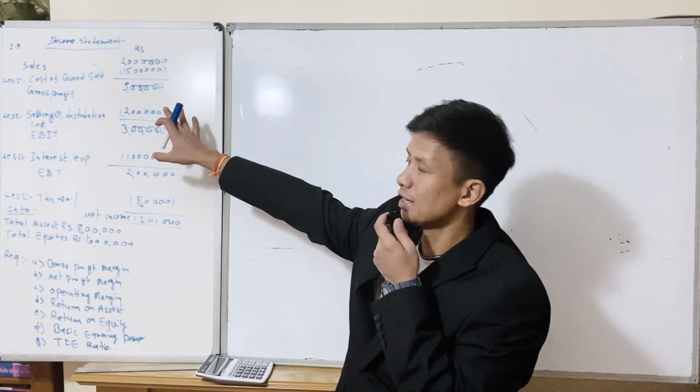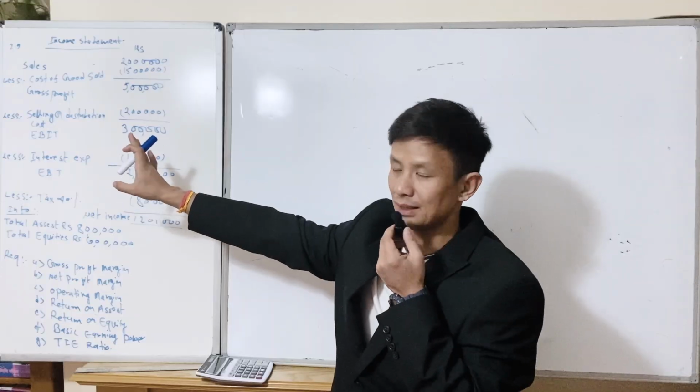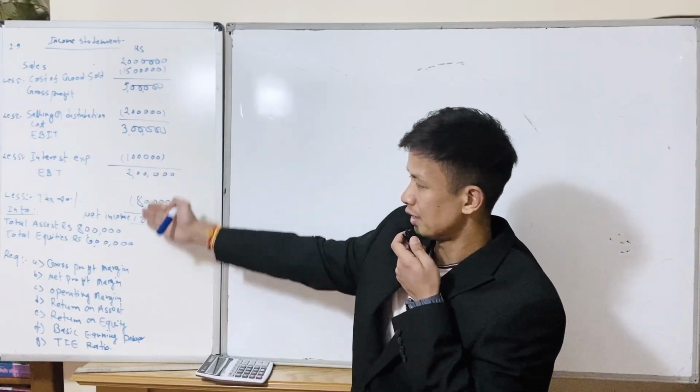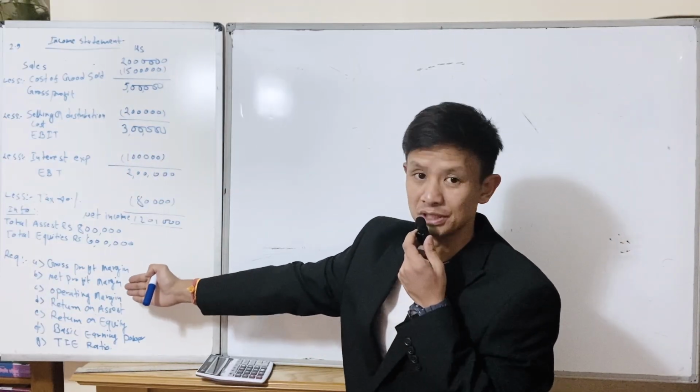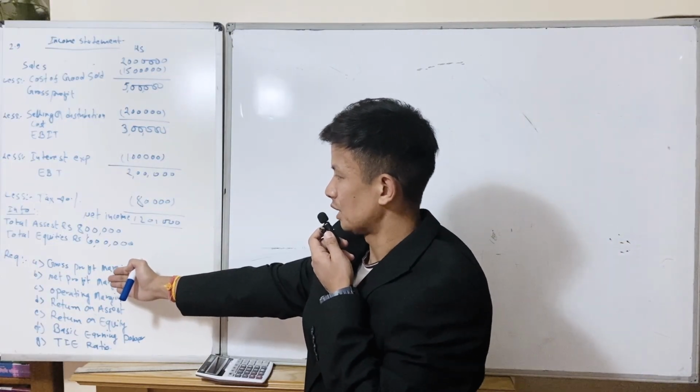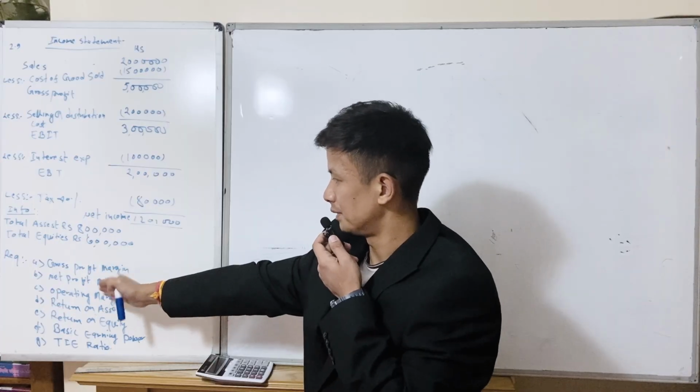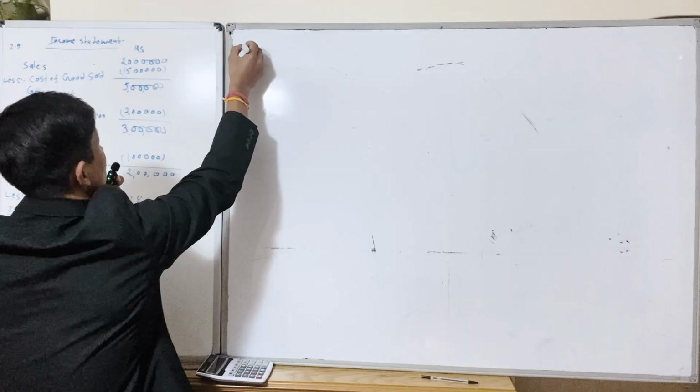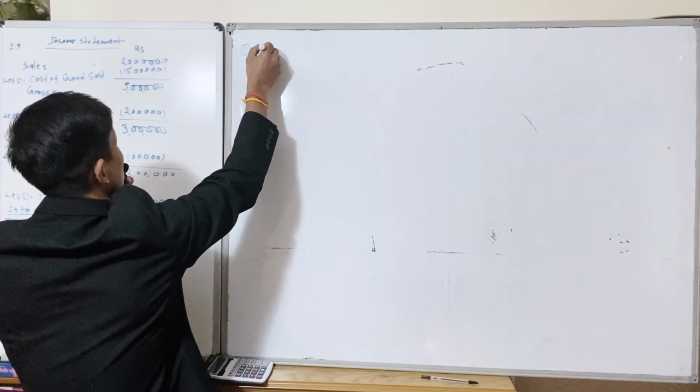In this example, we are given the income statement. Sometimes we are given the income statements and we will be asked to calculate the different ratios, like gross profit and net profit margins, as follows. First is GP margin.